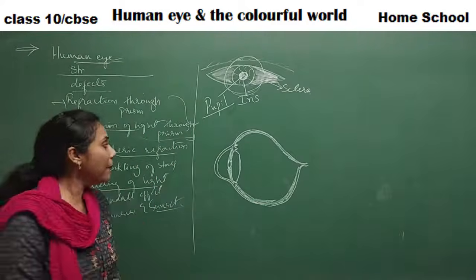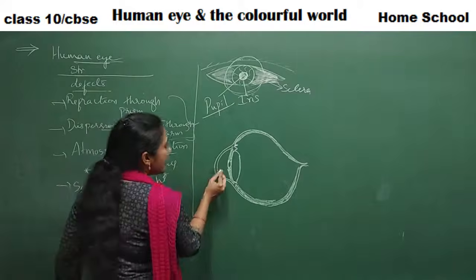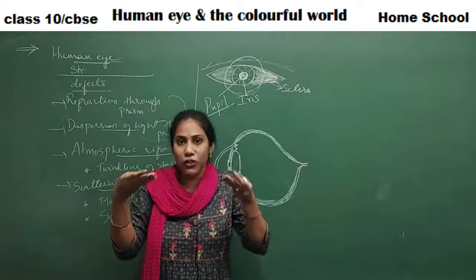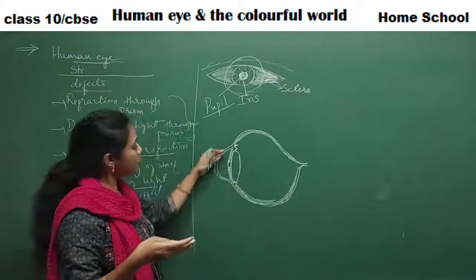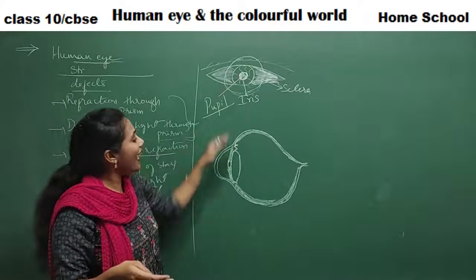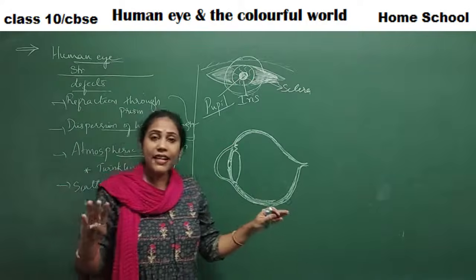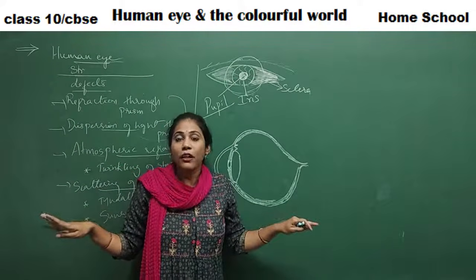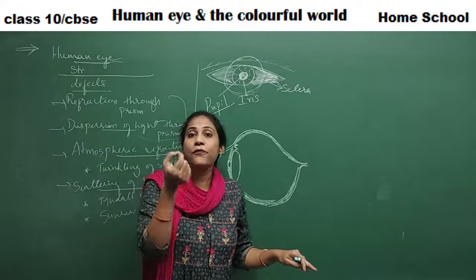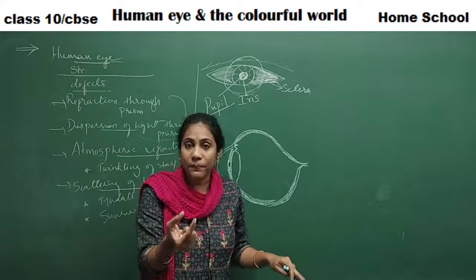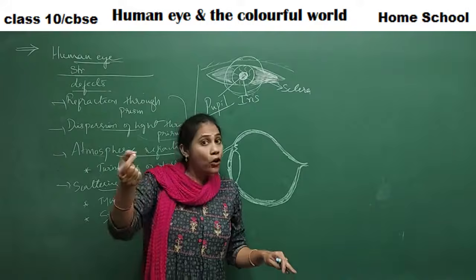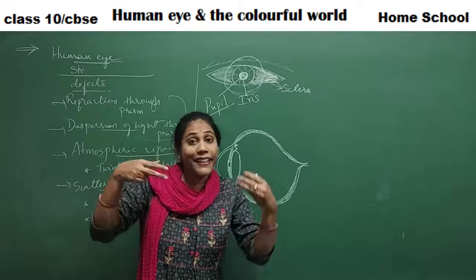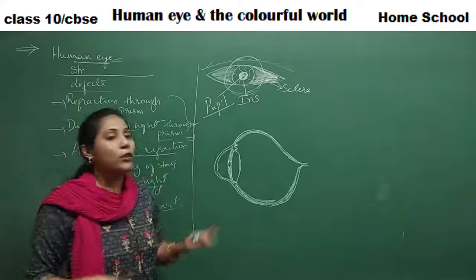Let me name the parts one by one. This bulged portion, you have a kind of bulge outside, right? The bulged portion of an eye has a covering, and this covering is transparent. This covering is for protection purpose. Also, most of the light rays that enter the eye refract in this particular portion.